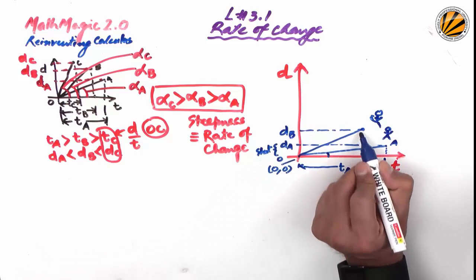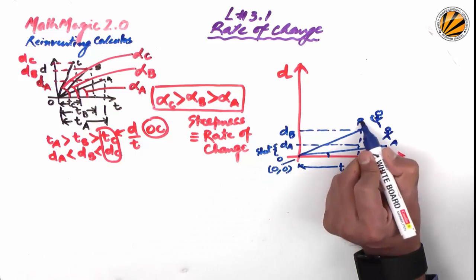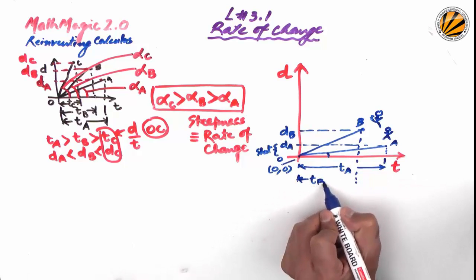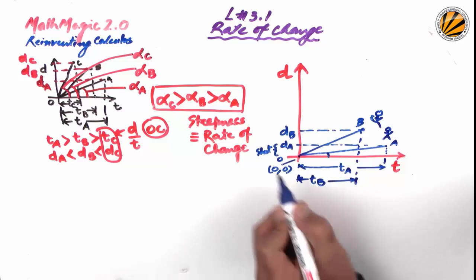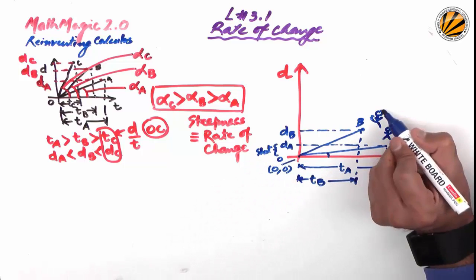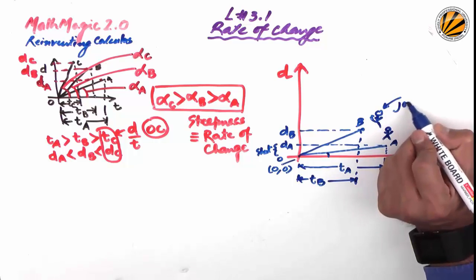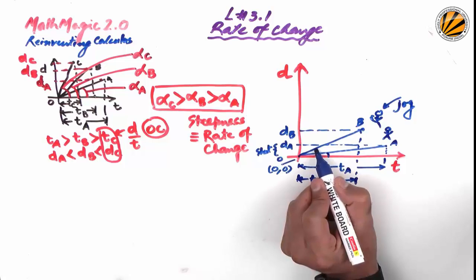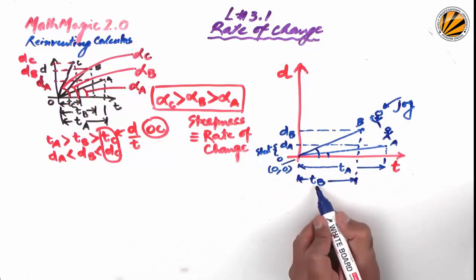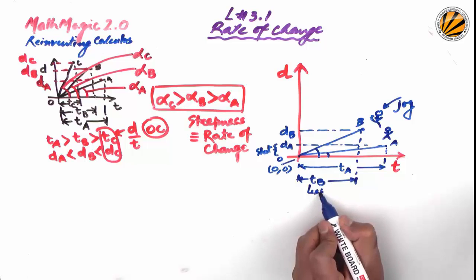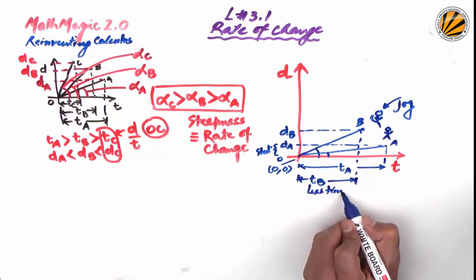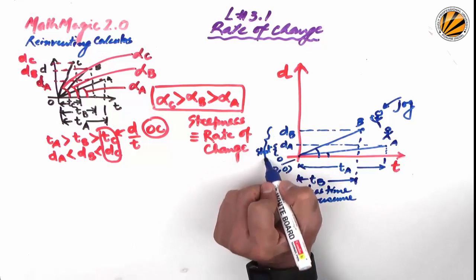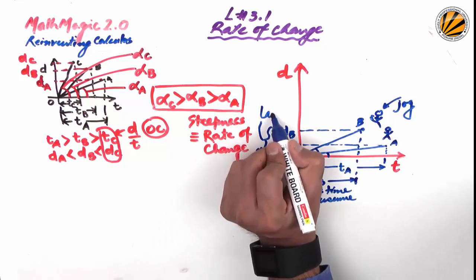Now this is point B and this becomes the time TB, because the focus is between O and B, and the person is jogging. Look at this scenario: because the steepness is more, for the less time consumed, he can move a larger distance.